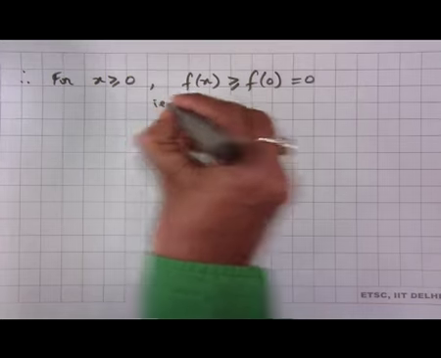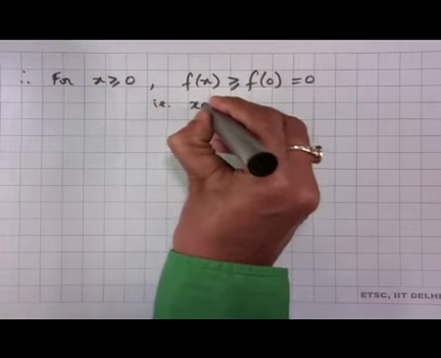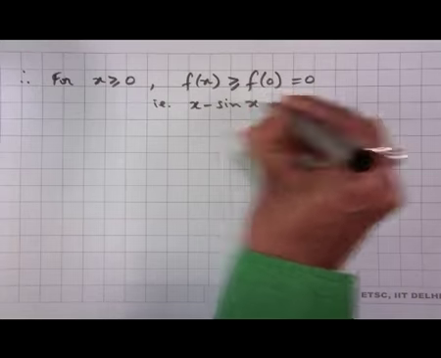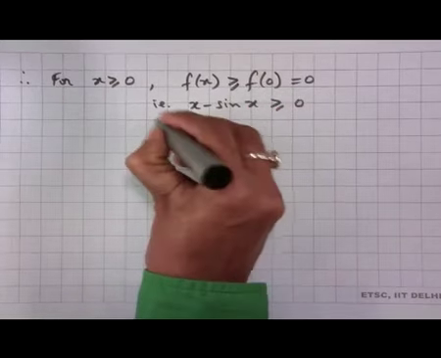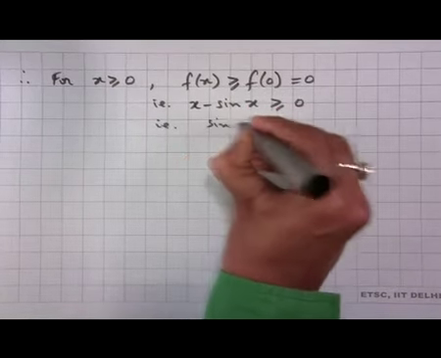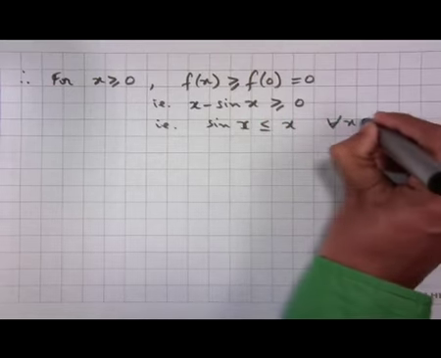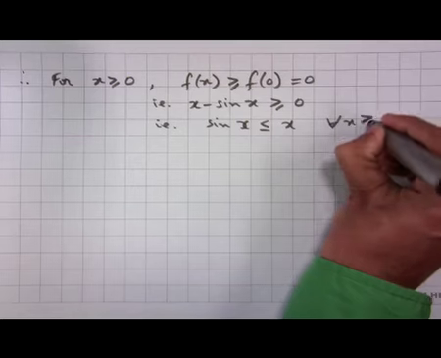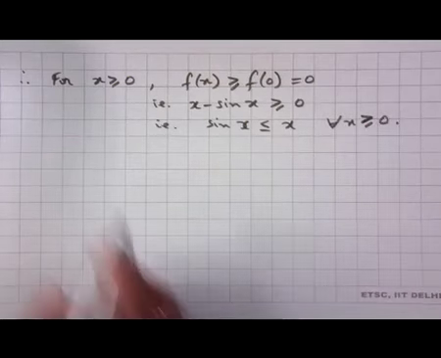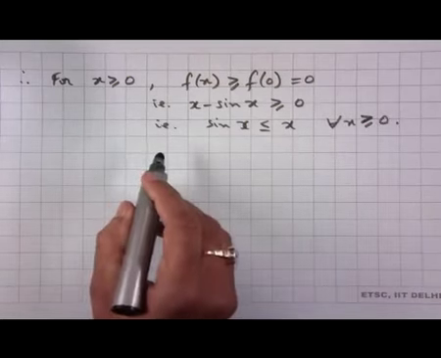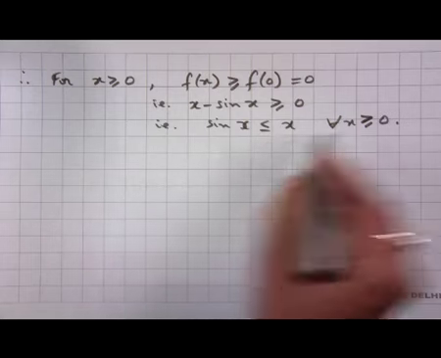That is, x minus sin x is greater than or equal to 0, that is, sin x is less than or equal to x for all non negative x. Of course, this is not true for x less than 0.